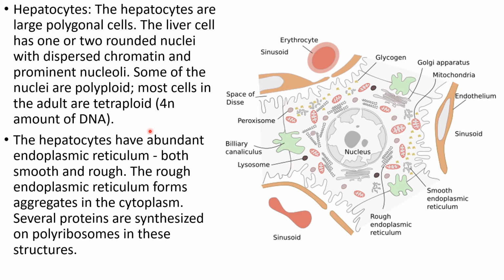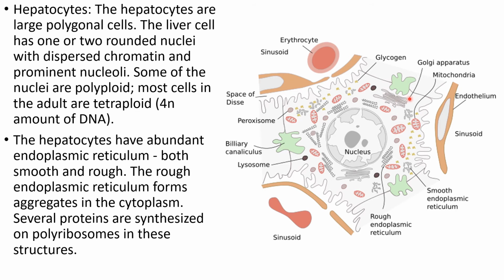The hepatocytes have abundant endoplasmic reticulum. You can see here there are numerous endoplasmic reticula, and there are two kinds: smooth endoplasmic reticulum and rough endoplasmic reticulum.